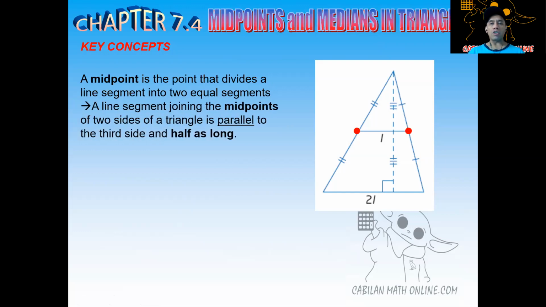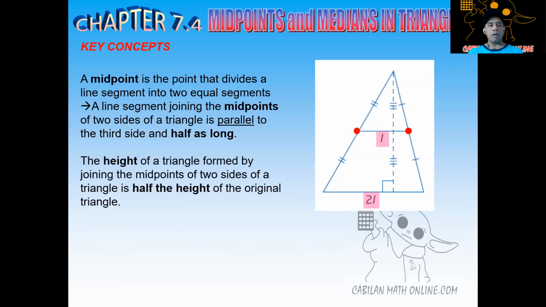A line segment that joins the midpoints of two sides of a triangle is parallel to the third side and half as long. That's what the L and the 2L represent: a factor of 2. Depending on which number you're given, you either multiply it by 2 or divide it by 2, and you'll see that in the examples. The height on both sides will be the same.